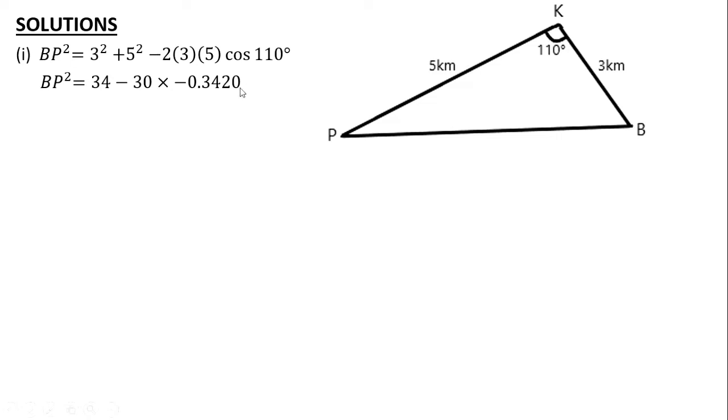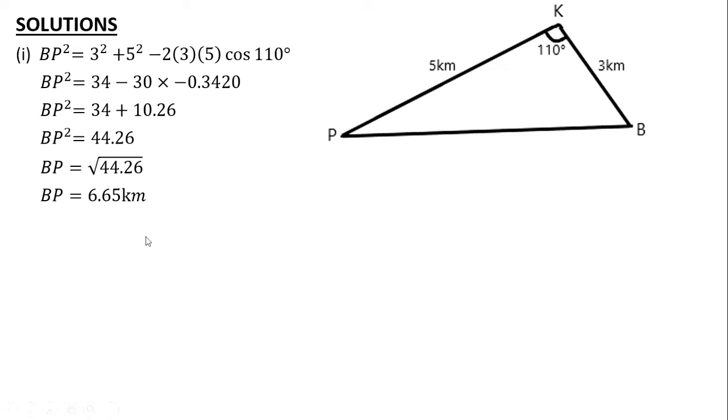Cos 110 degrees is negative 0.3420. Our BP squared will be equal to 34 plus 10.26, so BP squared equals 44.26. To find the value of BP, we introduce the square root. BP is equal to the square root of 44.26, so BP is equal to 6.65 kilometers.